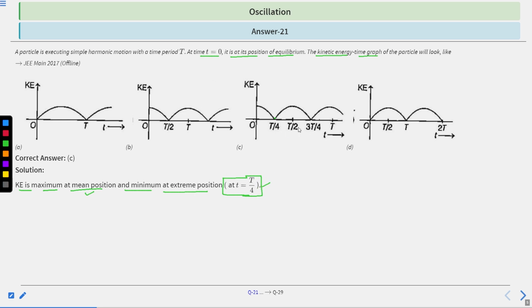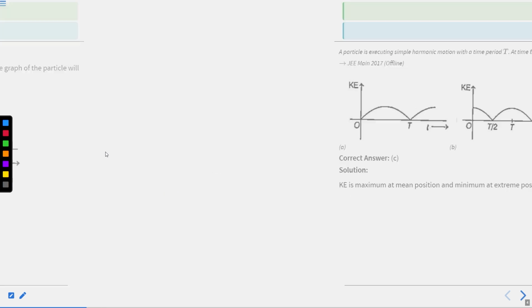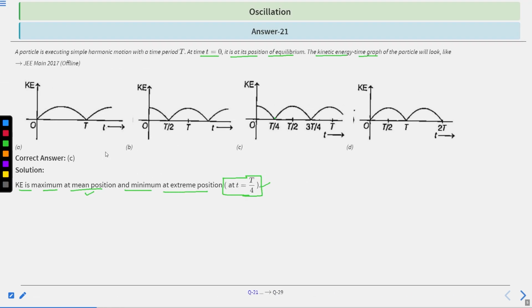So this graph is correct. C option is correct.